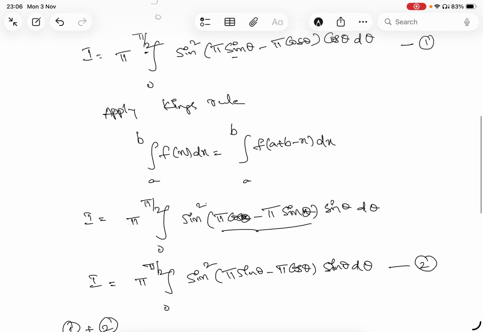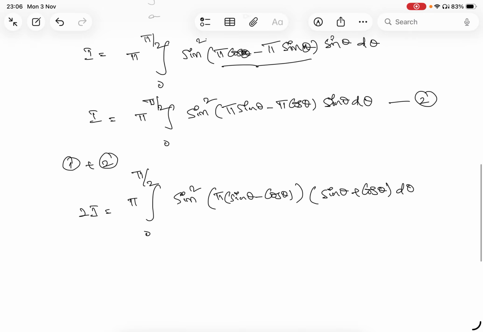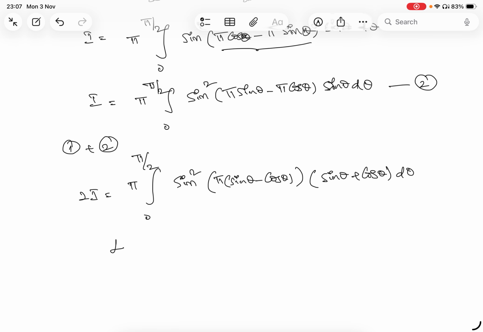As you can see, there is a relation between sin theta minus cos theta and sin theta plus cos theta. If you differentiate sin theta minus cos theta, you will get sin theta plus cos theta. So let's make a substitution here.